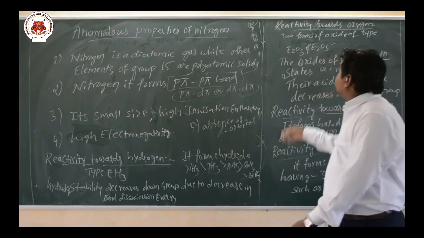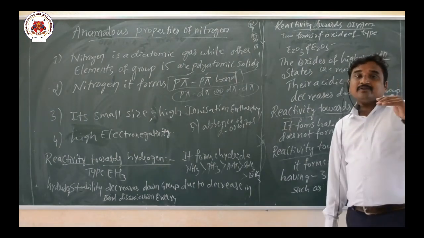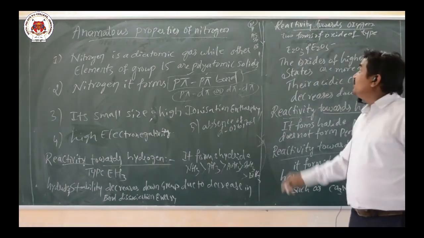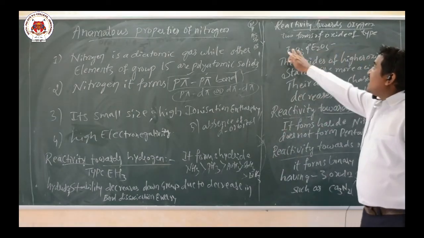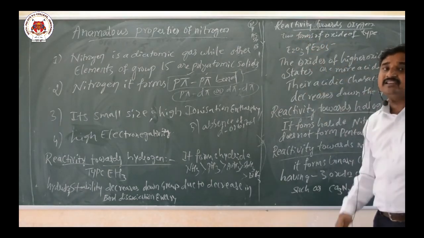The next one is reactivity towards oxygen. When group 15 elements react with oxygen, they form oxides of the type E2O3 and E2O5, where E is an element: nitrogen, phosphorus, arsenic, antimony, bismuth.